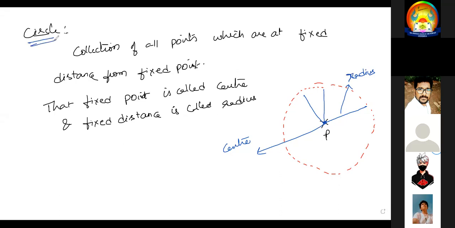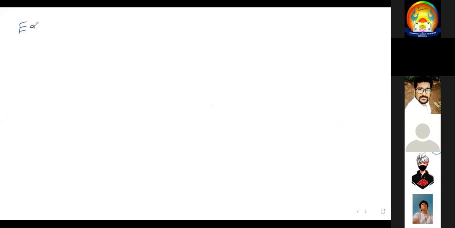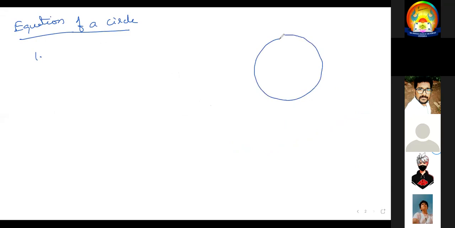After defining these things, on my next slide: what is the equation of a circle? Whenever I am talking about a circle, first you should ask, sir, what is the center and what is the radius?